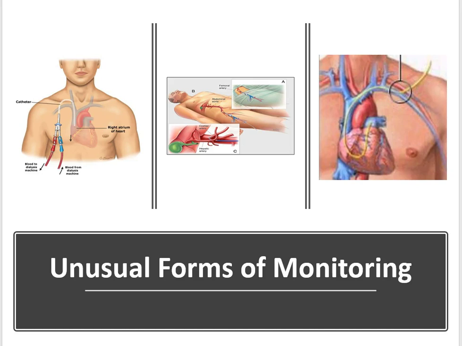Now, I'll tell you personally, for these particular services, intra-arterial, central venous, and Swan-Ganz catheterization, I actually have those codes listed in my CPT book on page 60, just to remind myself that these are the codes that I would use if unusual forms of monitoring are provided during a particular anesthesia service.